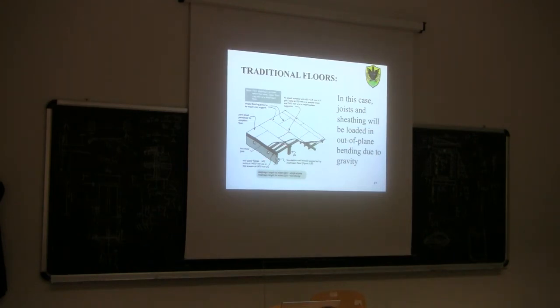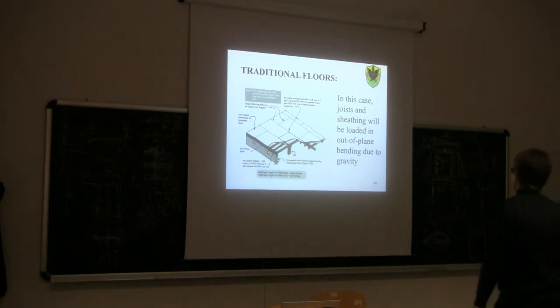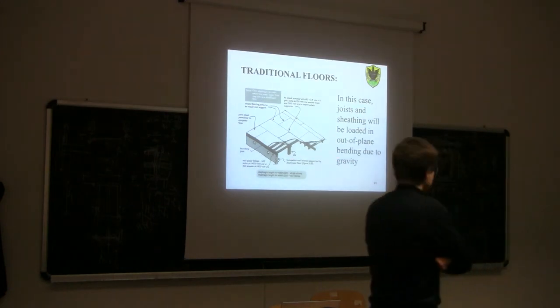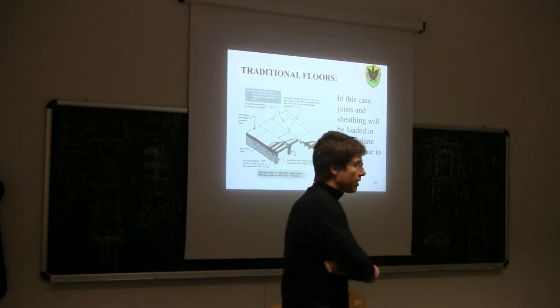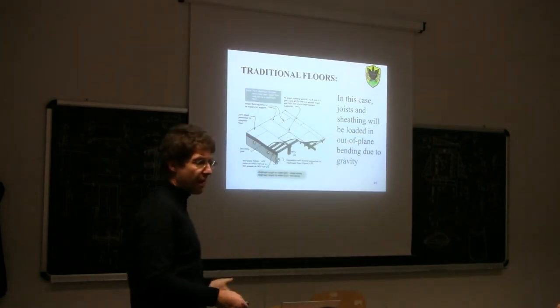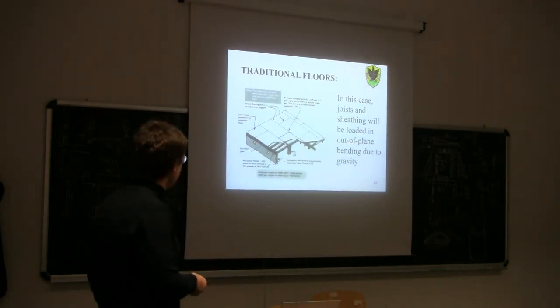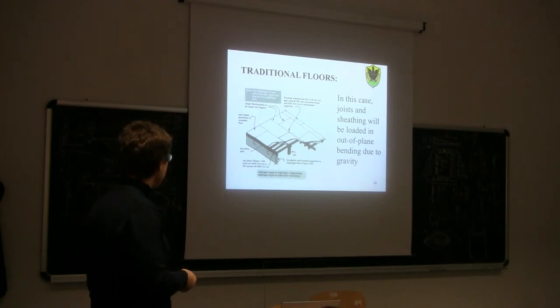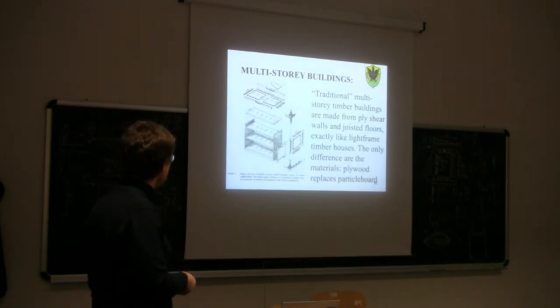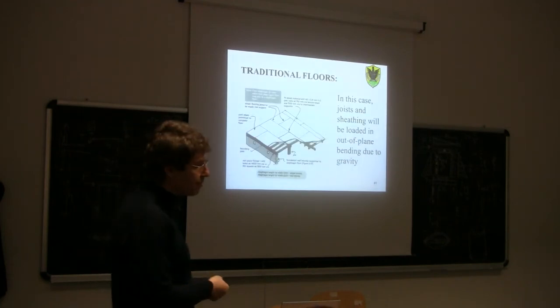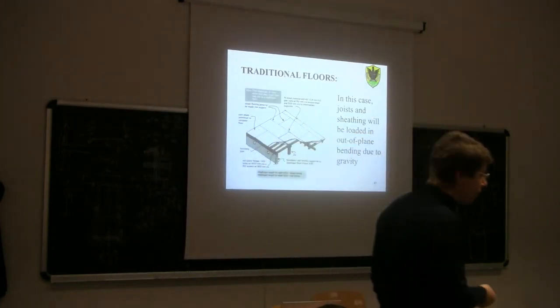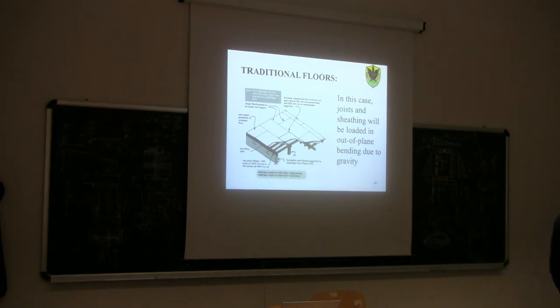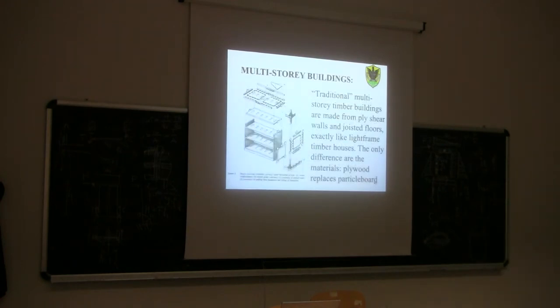In this case, I would say that the joist and the sheathing would be mostly loaded out of plane due to the gravity force. So out of plane mainly due to gravity. So this kind of structure here, which has been used for small buildings, can also be used for multi-story buildings.